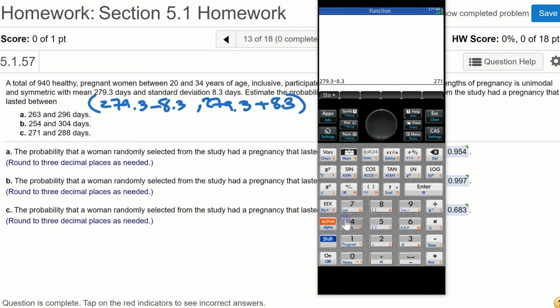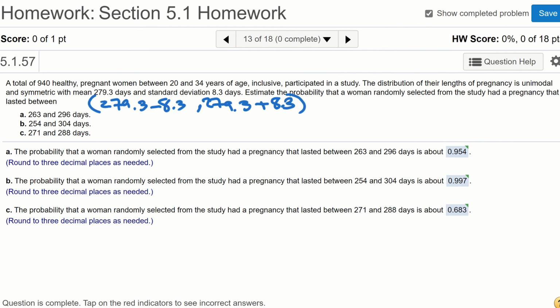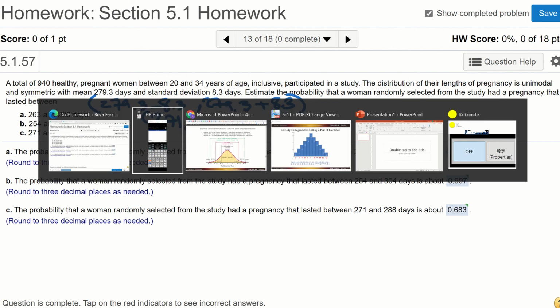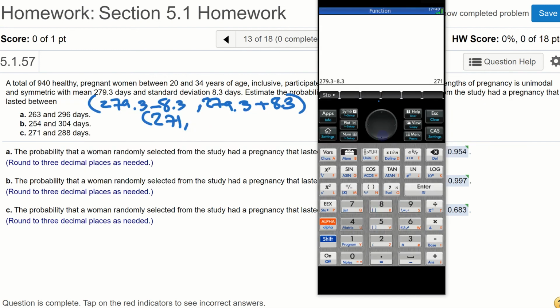So you get 271. Now let's go ahead and add it. I'm just going to be lazy and copy it, and then just change that minus to a plus. Okay, so we get 287.6.